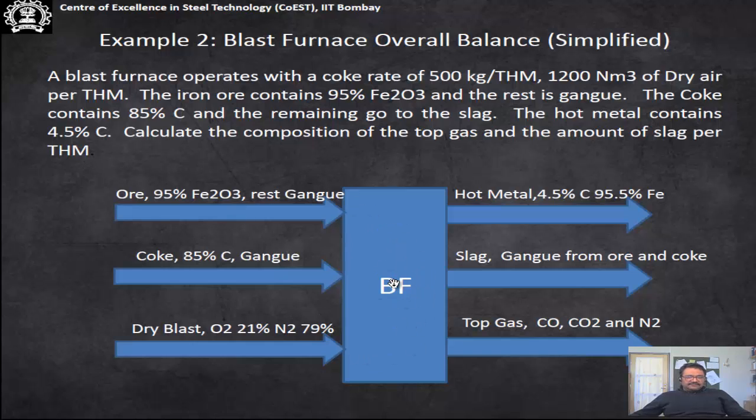This blast furnace is a reactor where you mark the input streams as well as the output streams, and in principle the material balance can be done, especially if it is a steady state, without looking at what is happening inside. One needs to know only the input and output. Based on that, it is possible to do the material or mass balance.